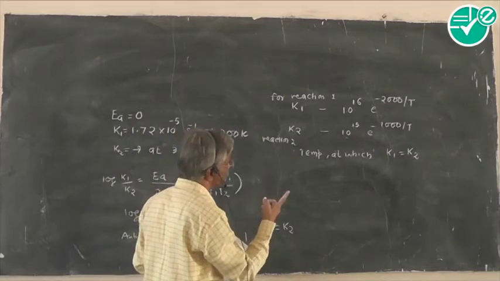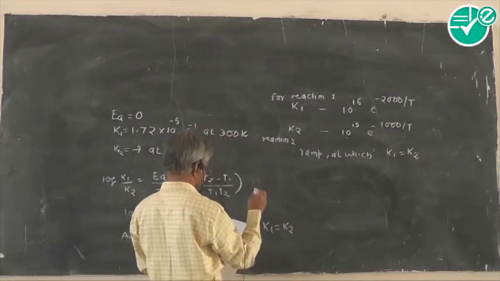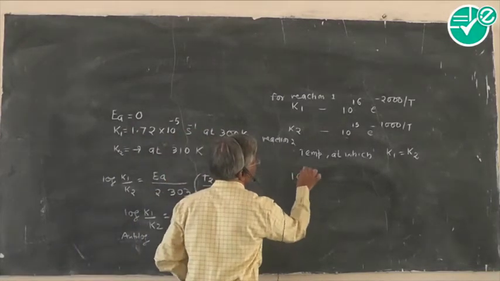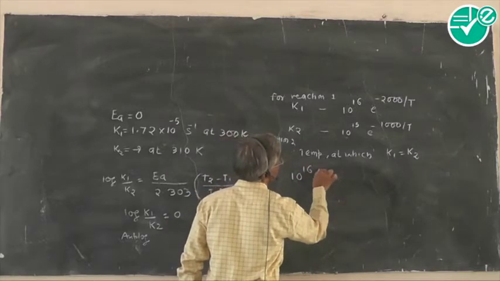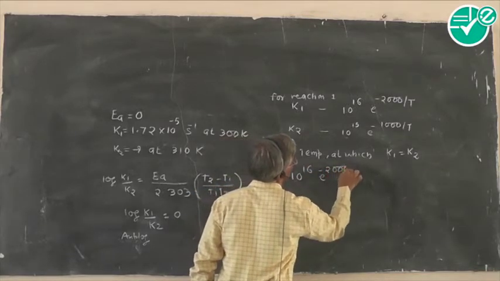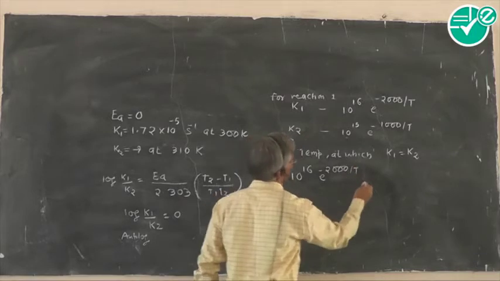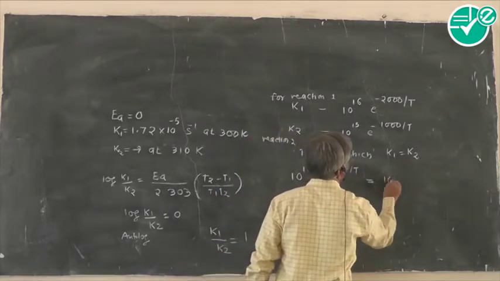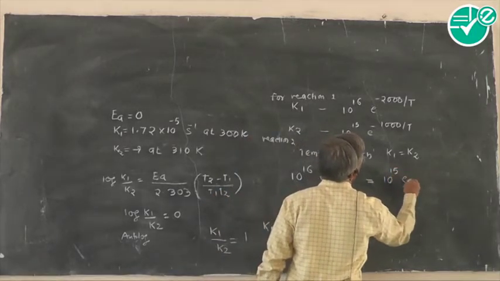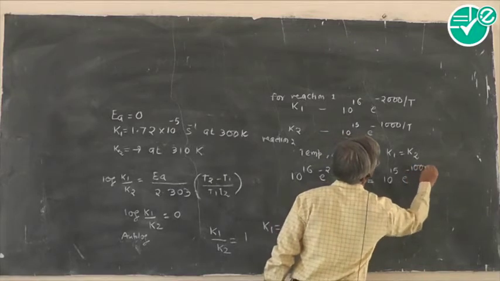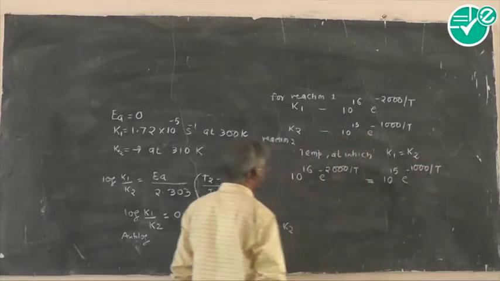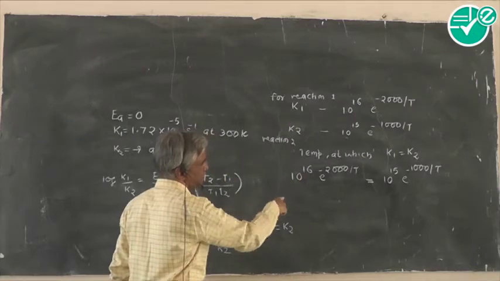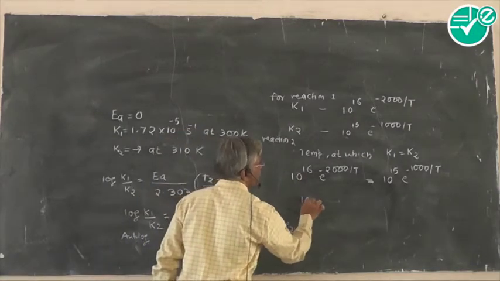If they want a condition when K1 equal to K2, then we can write 10 raised to 16 e raised to minus 2000 upon T will be equal to 10 raised to 15 e raised to minus 1000 upon capital T. If I shift 10 raised to 15 here, it will be simply 10.